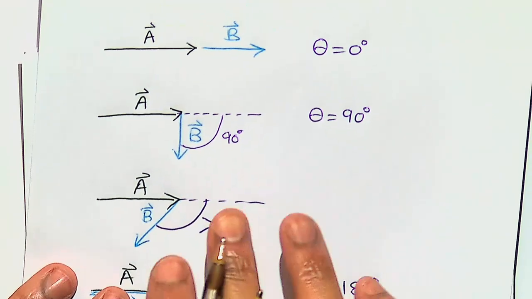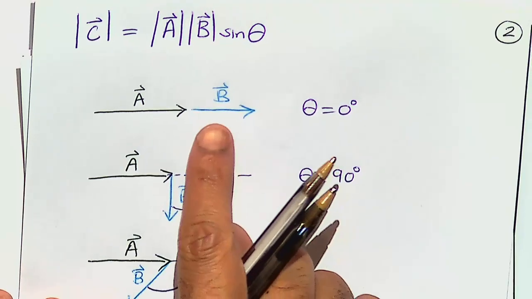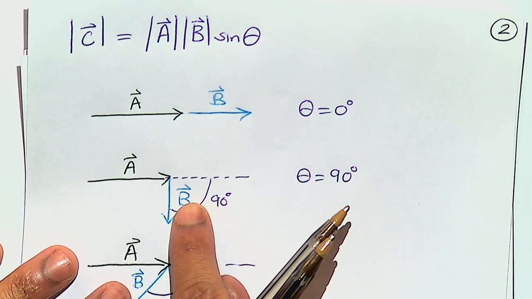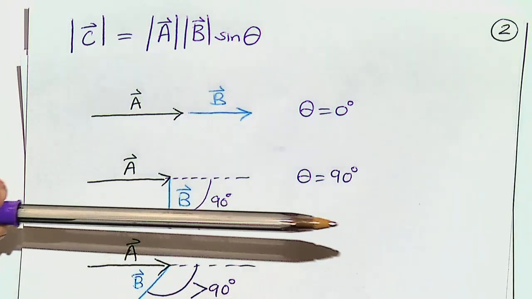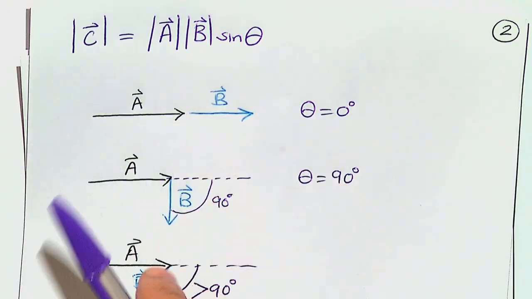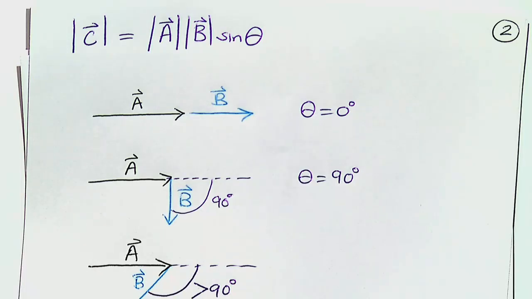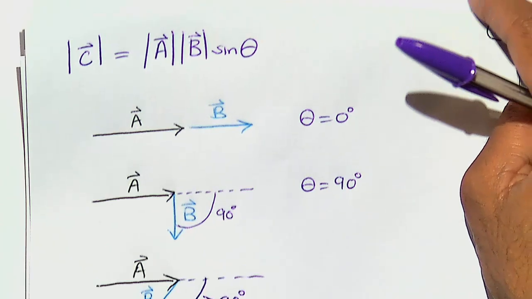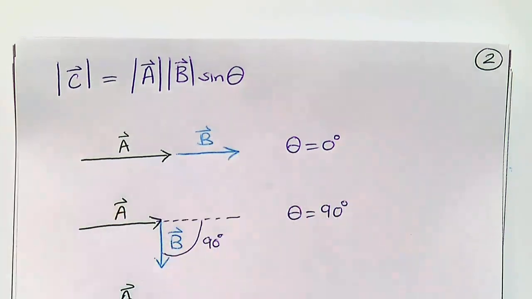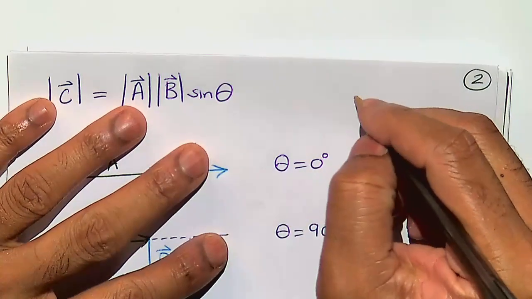Okay, so just be careful of how you're measuring the angle. 0 is this, they're pointing in the same direction. 90 degrees is that: A points that way, and then B points 90 degrees from the direction of A. So just be careful when you say an angle, that's what we mean. So knowing your sine function, what does sine do? Just remind yourself quickly what sine is.